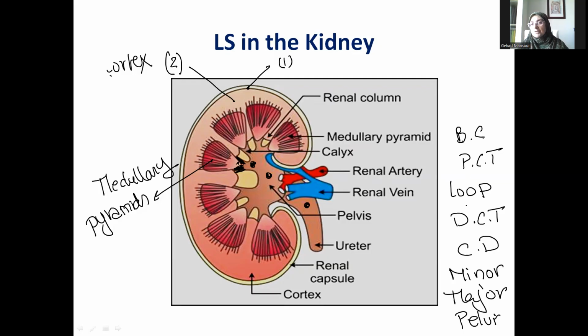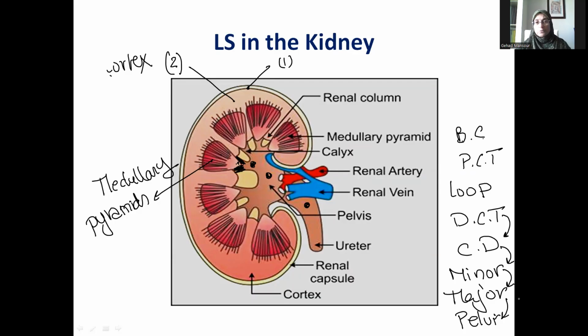So if I ever ask you, distal convoluted tubules pour their content into collecting ducts. Collecting ducts pour their content into minor calyces, into major calyces, and then into the renal pelvis.